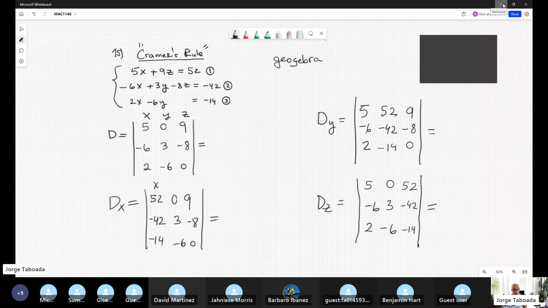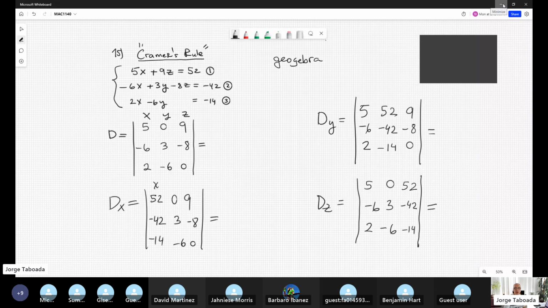Well, I frequently work in calculus 3 with GeoGebra, and in trigonometry, when they explain trigonometry, I also use GeoGebra. Let me try to share the screen with you, and immediately I want to explain step by step.